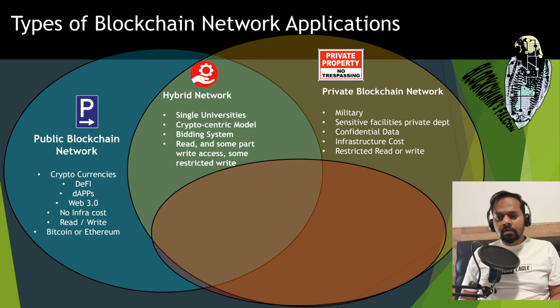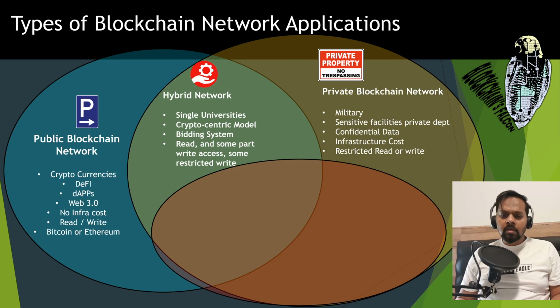However, the data is coming from the private access, from the universities and so on, or maybe those applications which are more like a private organization, but they want to establish something in crypto as well. So this is where a hybrid blockchain network can come in. It's a cross between the two, or maybe operatable between these two, and so on.